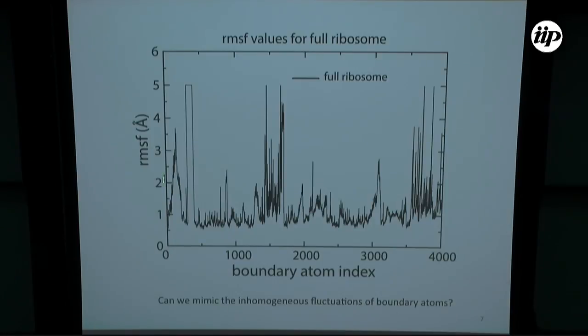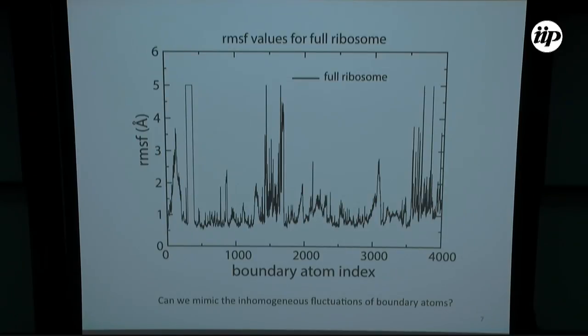And if you look at these fluctuations, these are the scale of fluctuations in the full ribosome. Again, it's very heterogeneous. And I've artificially capped it here for this example at 5 angstroms, just for some technical reasons. But these peaks actually would go up to around 9 or 10. So you get this very, very wide range of types of motions that you're going to see at this boundary.